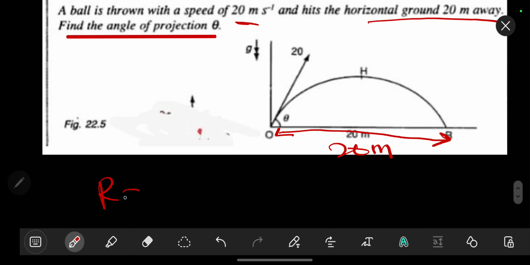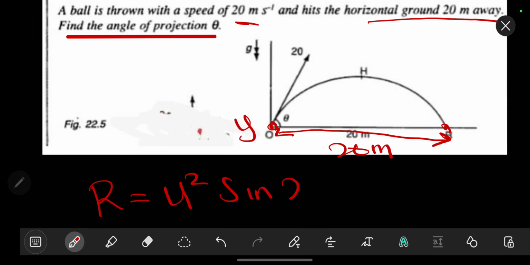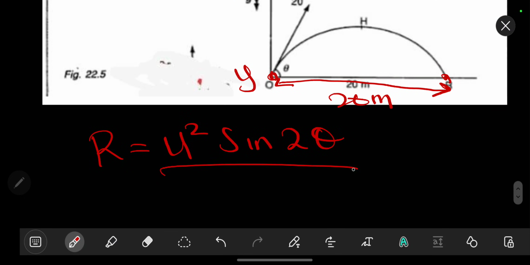Now for the range formula, we know that it's uxt, but we don't know the time. Therefore, let's use the other formula. Since this is symmetrical projection, meaning it starts here and ends there, in terms of the y there is no gain in y. So we can use R equal to, you can just spell the words losing to g.